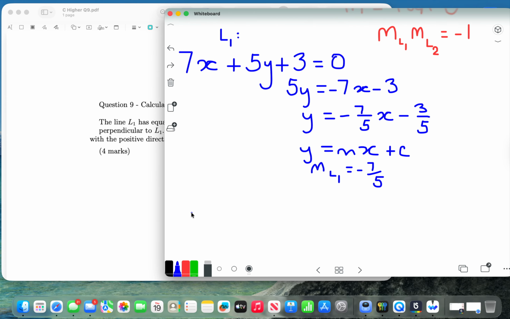As I said, we have M L1 multiplied by M L2 is -1. So minus 7/5 times the gradient of L2 is -1.